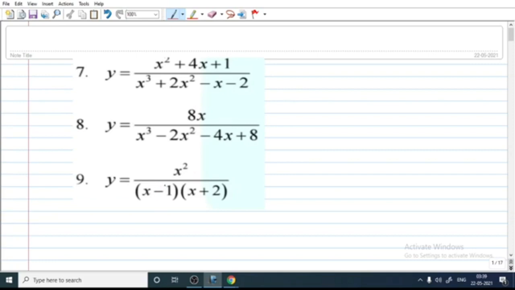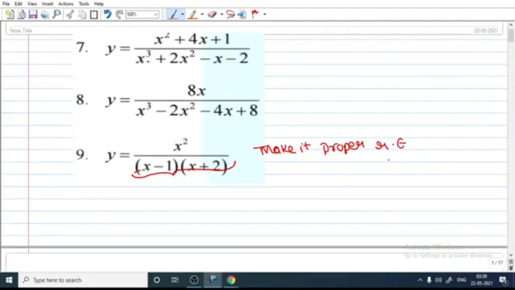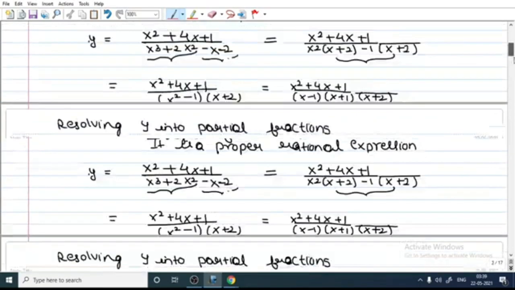So when a quadratic appears here, we have to make it a proper rational expression. And when I was teaching you proper rational expressions, I told you we will apply long division and then simplify. So let's see what the process actually is.